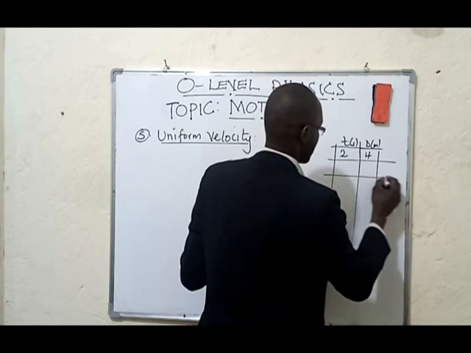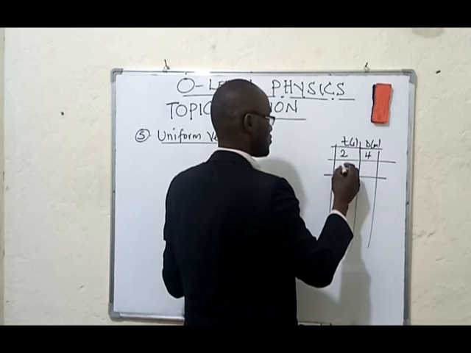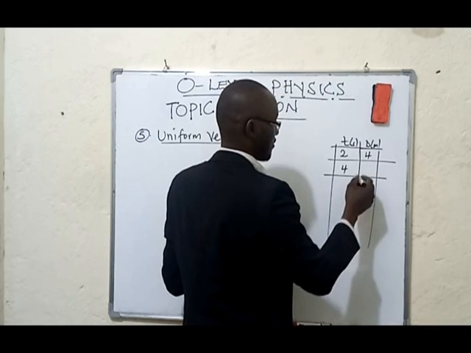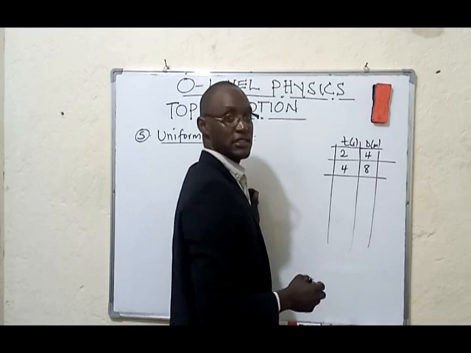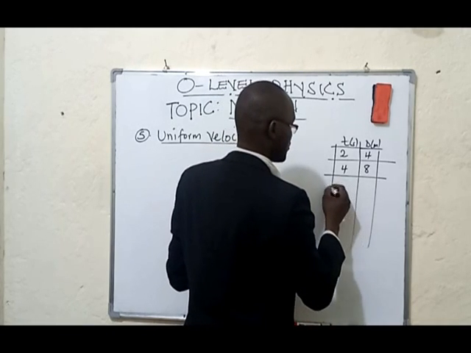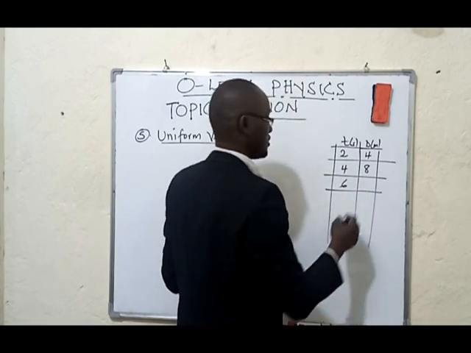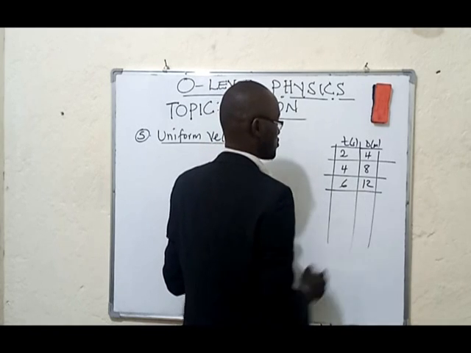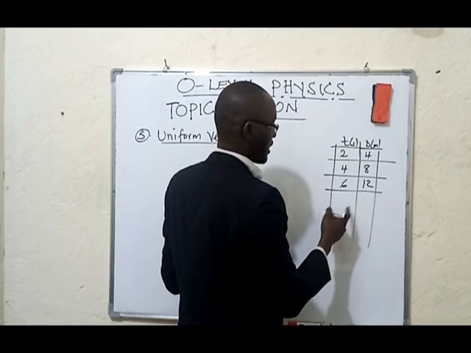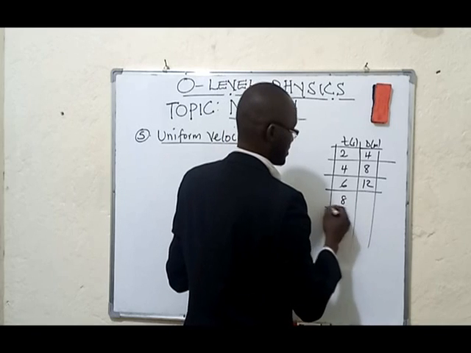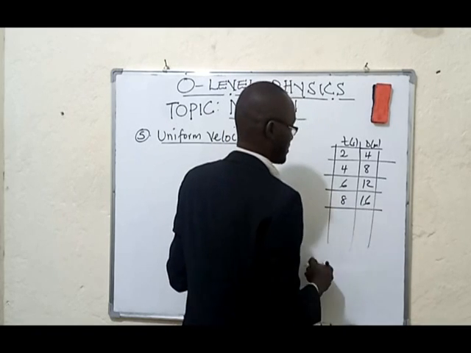Oh, very nice. When the time moves to 4, the distance covered is 8. When time moves to 6, the distance covered is 12. And when the time moves to 8, the distance covered is 16.